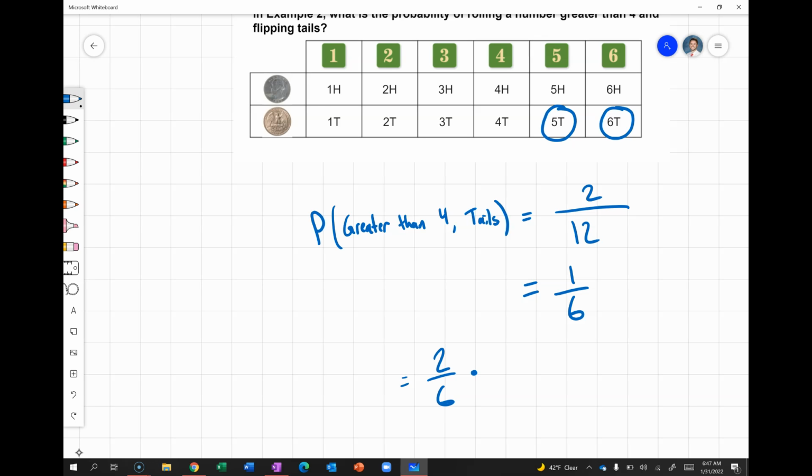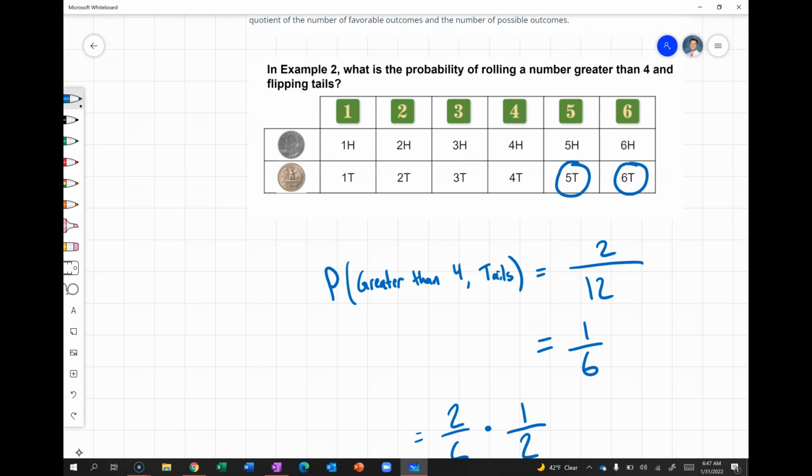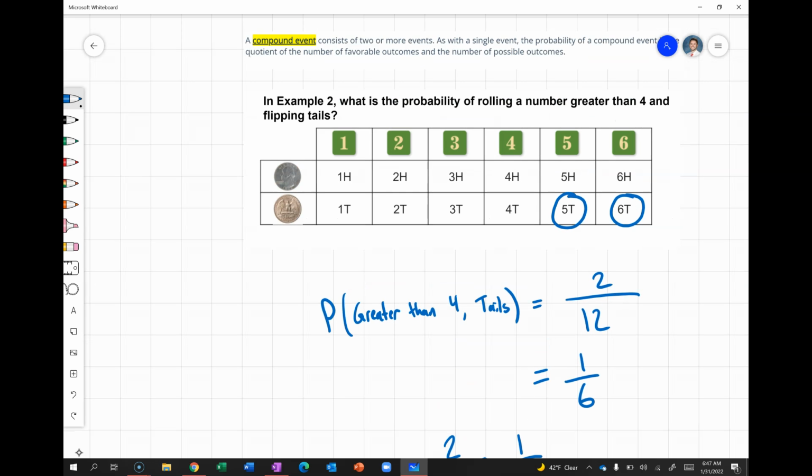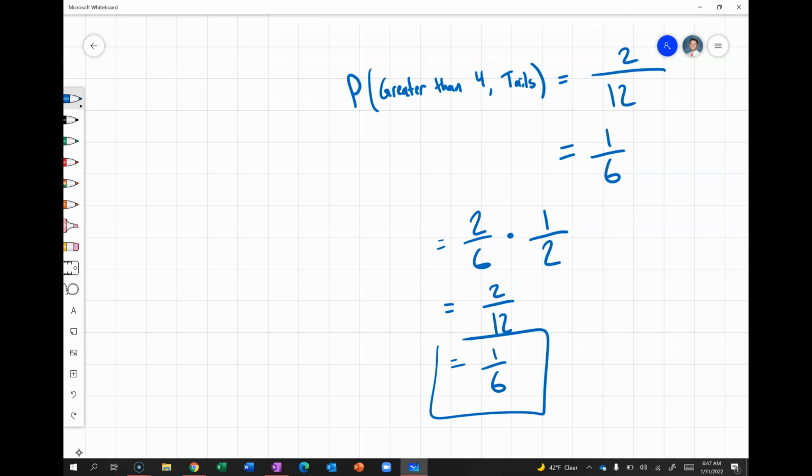Flipping that coin, there are 2 possible outcomes, and the favorable one, landing on tails, is 1. If we multiply these 2 probabilities, 2/6 times 1/2, we get 2/12, which is 1/6. So just like with our other examples, you can create a table and look at all of the outcomes, or we can multiply the probability of each of those events together to get our probability of both things happening.